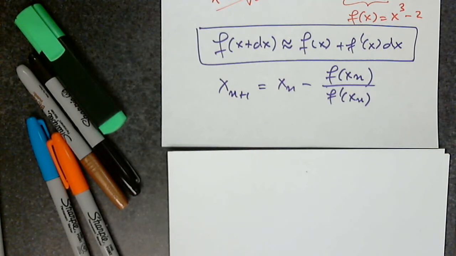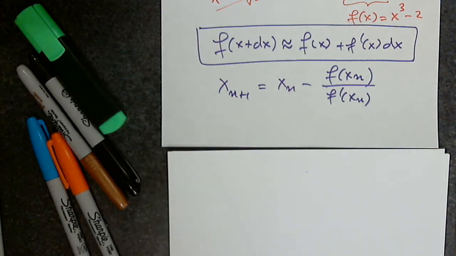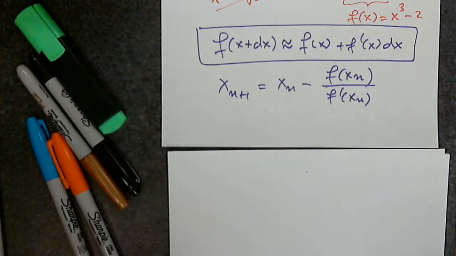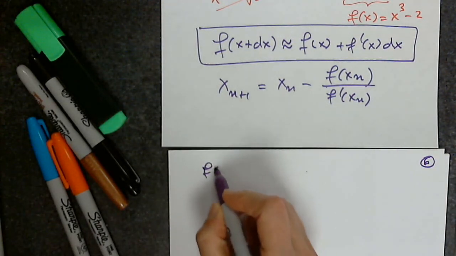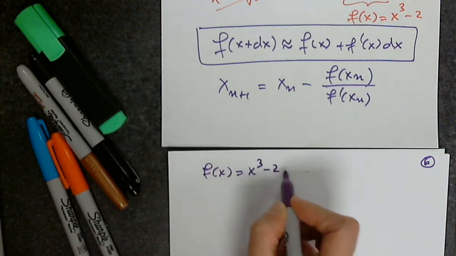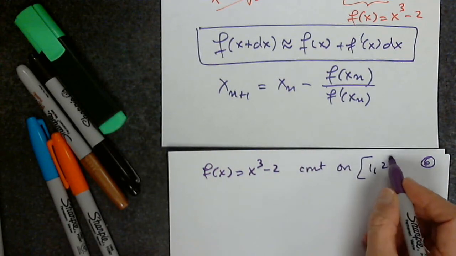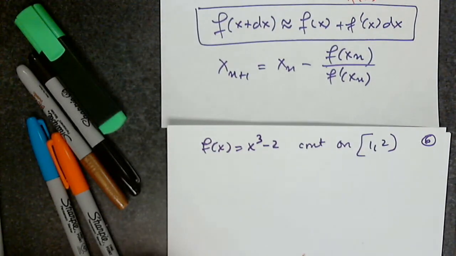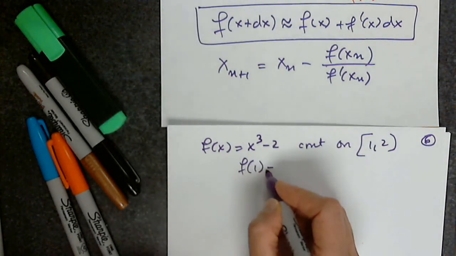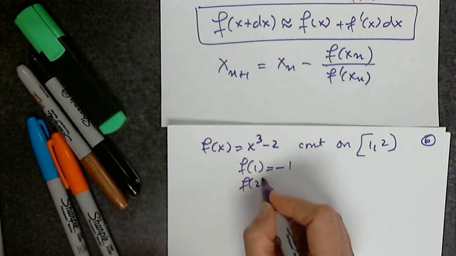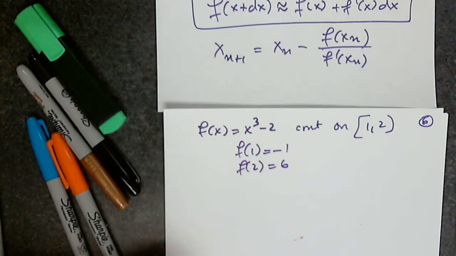If I plug in 1, I get negative. If I plug in 2, I get positive, because I know the cube root is somewhere between 1 and 2. So I will write: number 1, the function f of x, which is x cubed minus 2, is continuous on the interval [1, 2]. And I can show that f of 1 is -1 and f of 2 equals 6.